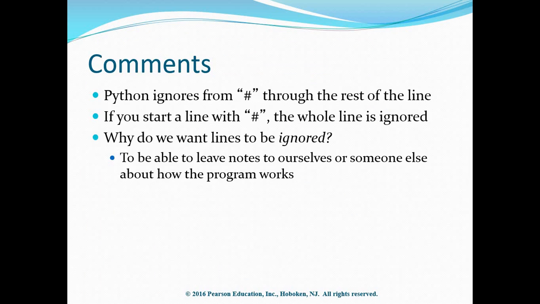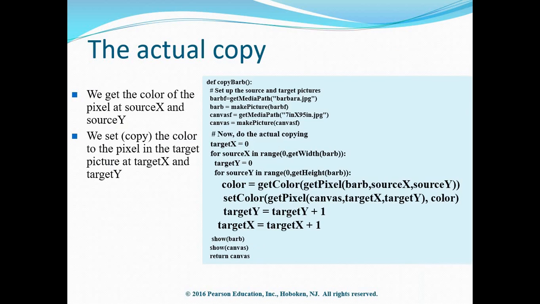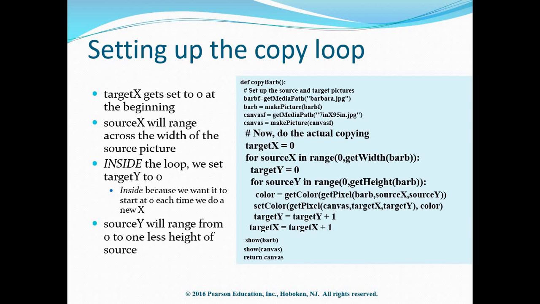Comments help in identifying what you're doing in your code to an outside viewer. Without our image in the canvas, we cannot edit an image. Here we begin producing our copying code. We need our loop in order to copy all of our pixels.